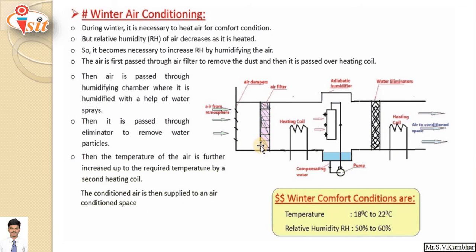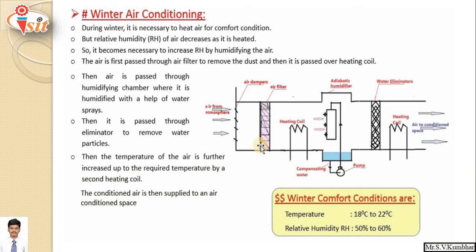As the name indicates, winter air conditioning, so we require hot air during winter, and it is necessary to give heat input for hot air for comfort conditioning. In winter air conditioning, the relative humidity of air decreases as it is heated.